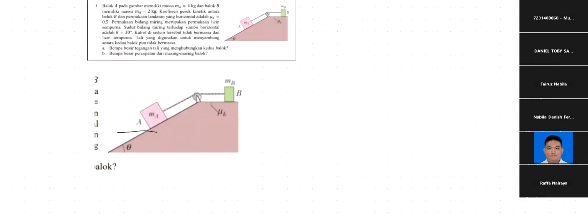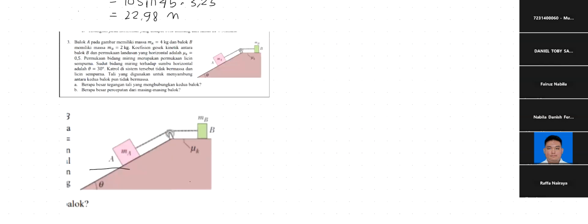Okay, now everyone take a look at number 3. There are 2 blocks A and B, where block A is 4 kilograms and block B is 2 kilograms. The static coefficient of block B and the surface is 0.5, and the inclined plane does not have friction.